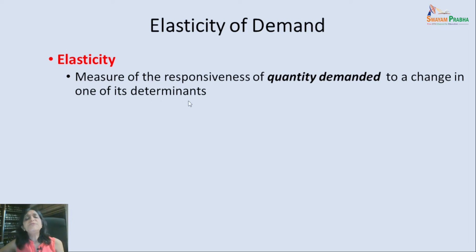That is, if any one of the determinants of demand changes. For example, as we have seen in the previous scenario, if the price of the website increases from 20,000 to 25,000, and because of that there is a fall in demand from 12 websites per month to, let us say, 10 websites per month, that is the response of the quantity demanded to a change in price.